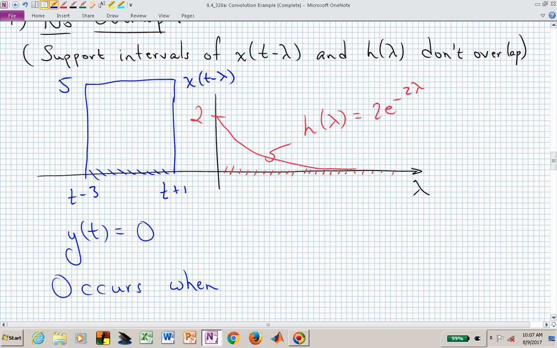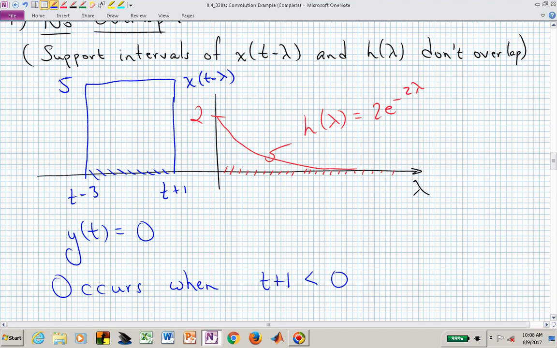When does this occur? Well, this overlap pattern, and we're looking for unique patterns all the time, this is the first unique pattern. This pattern will occur when t plus 1, the right-hand side of x of t minus lambda, stays to the left of h of lambda, which is starting at 0.